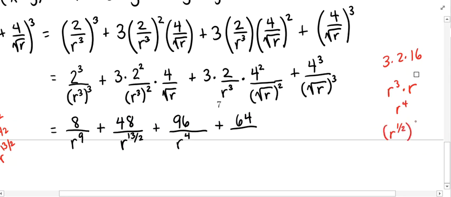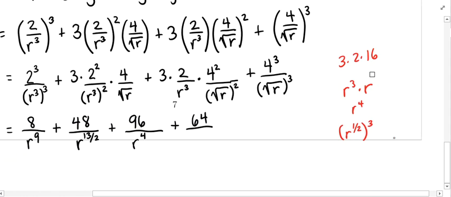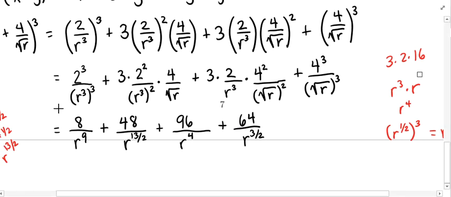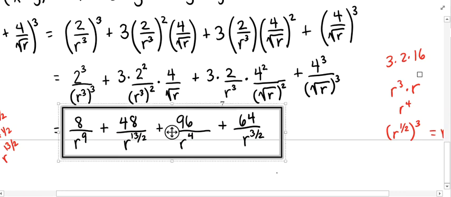You're raising that to the 3rd power, so you have a power raised to a power. You're going to multiply the exponents. So this is going to be r to the 3/2 power. All right, and this is the expansion. We're done.